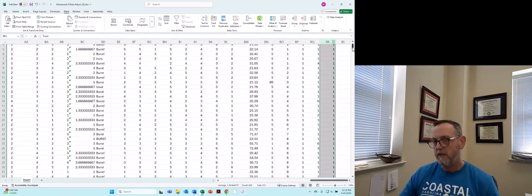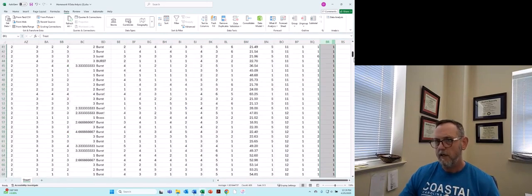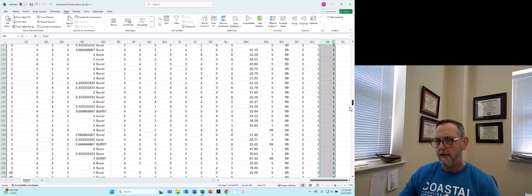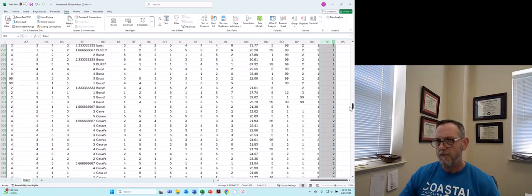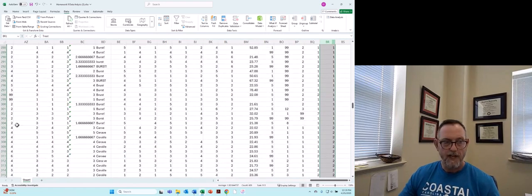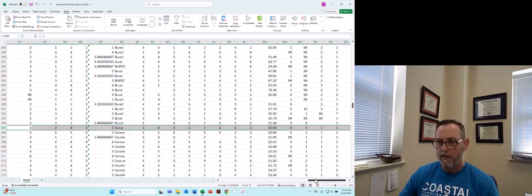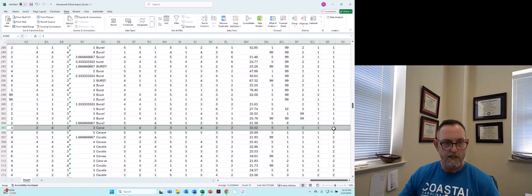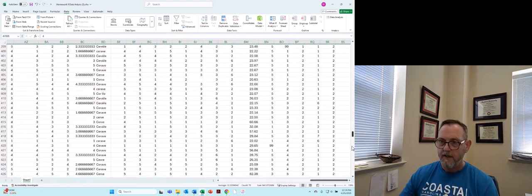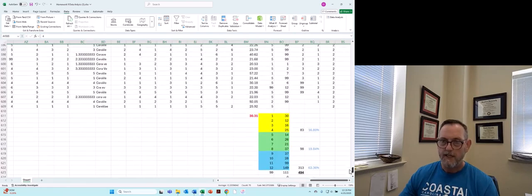The respondents were randomly assigned Burst, which is number 1, and CeraVe, which is number 2. So roughly half the data will be one or the other. We go to 304 for our Burst, and then from 305 all the way down we have the rest of the data.